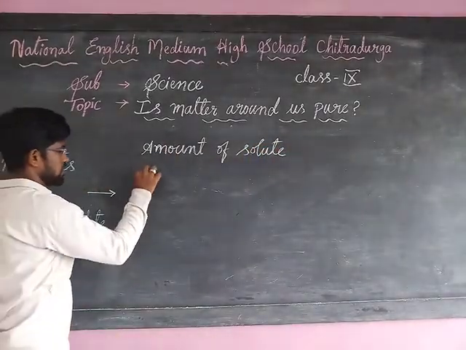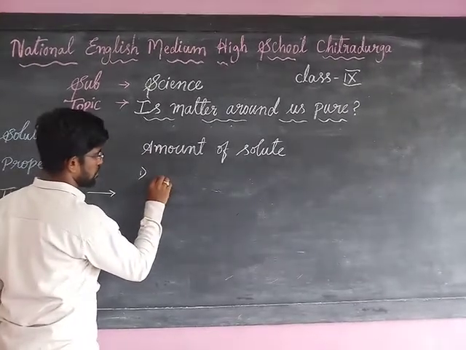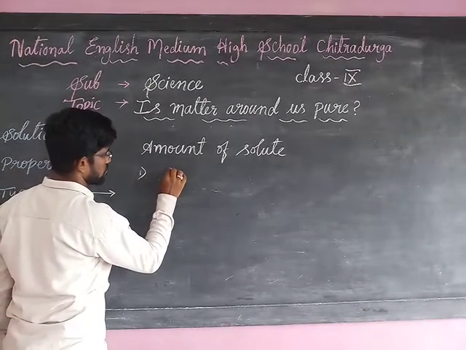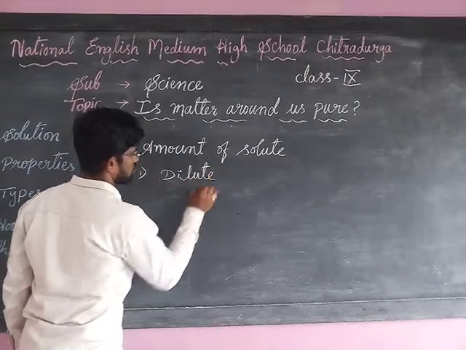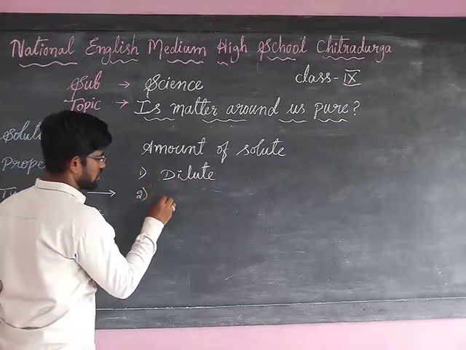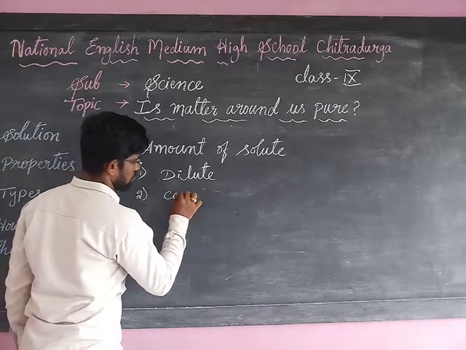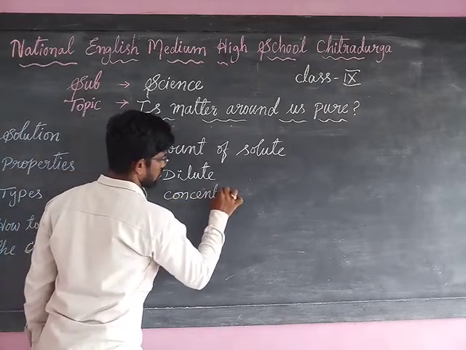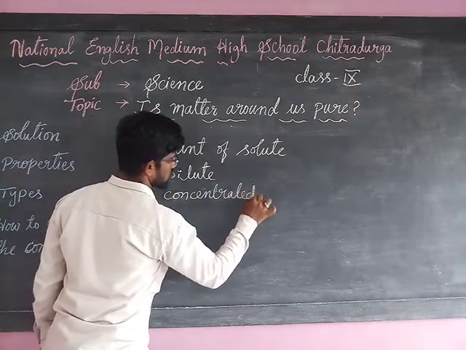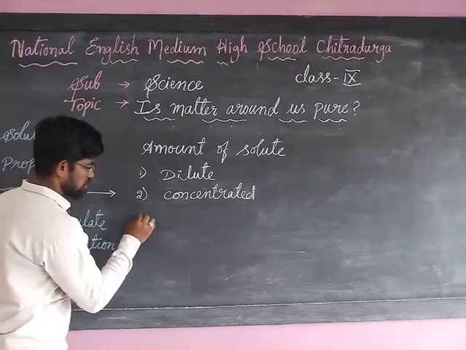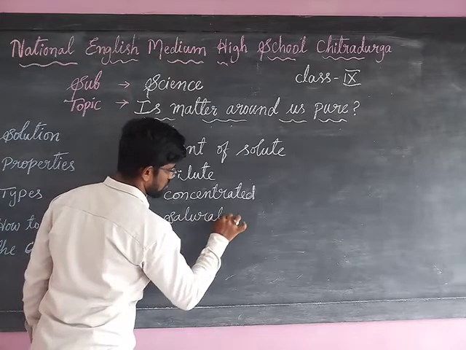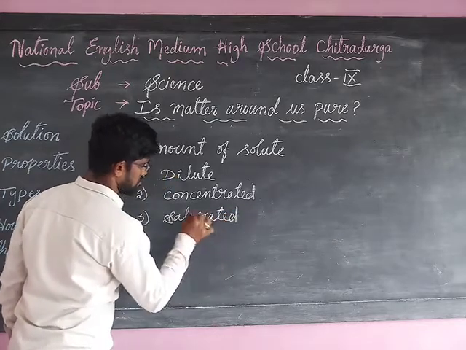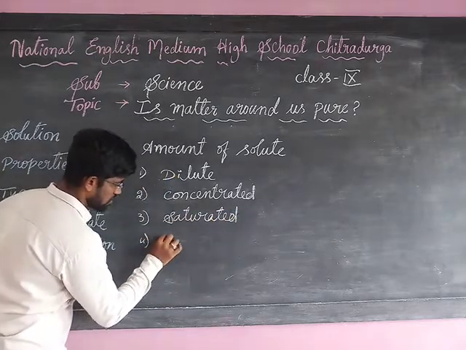The first one is dilute, then concentrated, then saturated, then the fourth one is unsaturated.